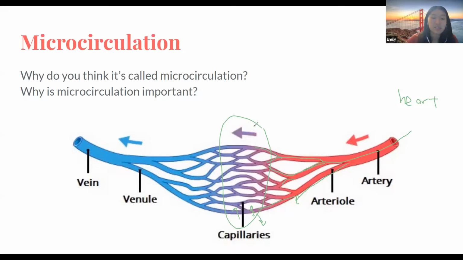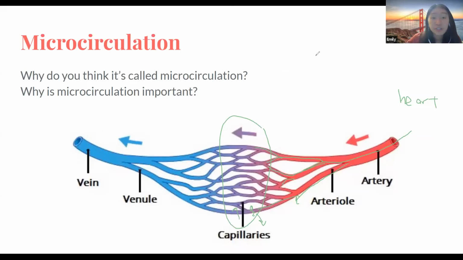And after the capillaries, we've done all that, and now we just need to gather up the blood and get back to the heart. So we're going to start branching and merging all of these vessels together to form larger venules, which are kind of mini veins, which then converge and join together to form actual veins.